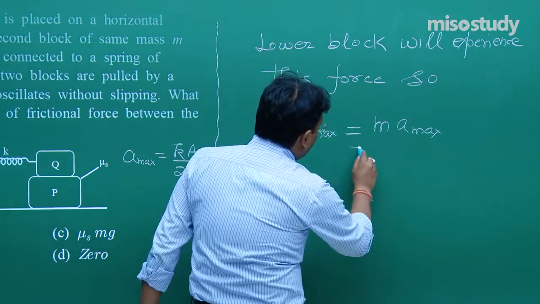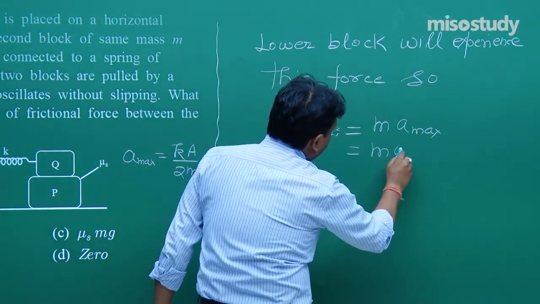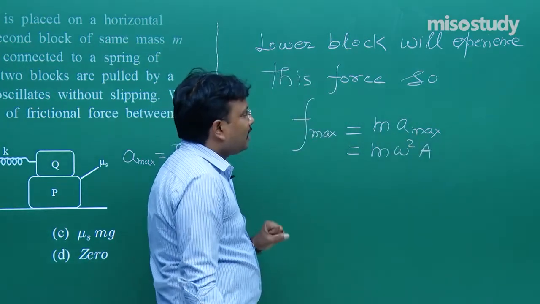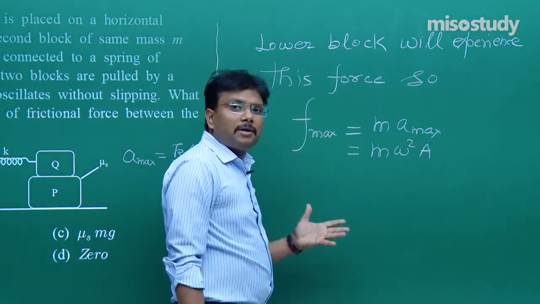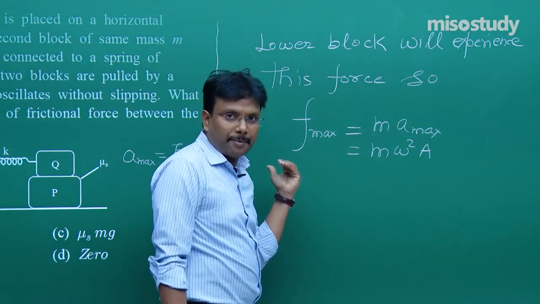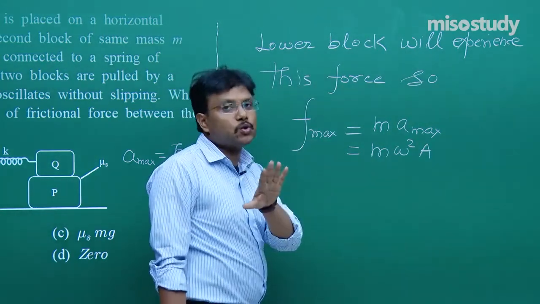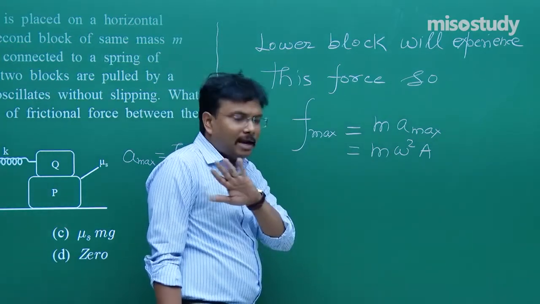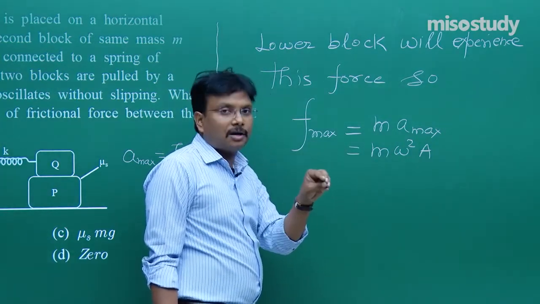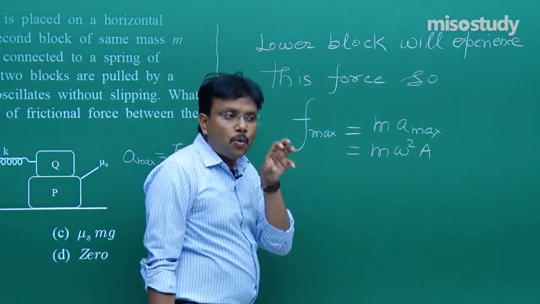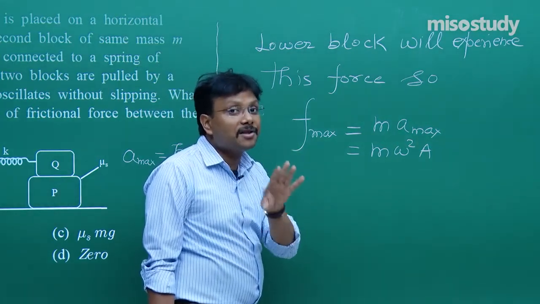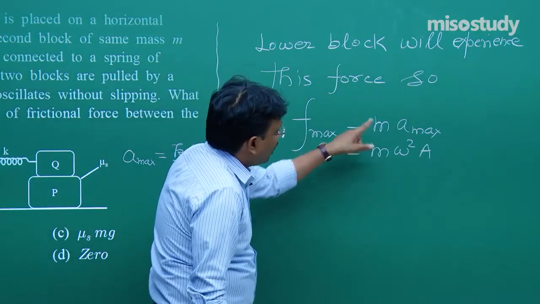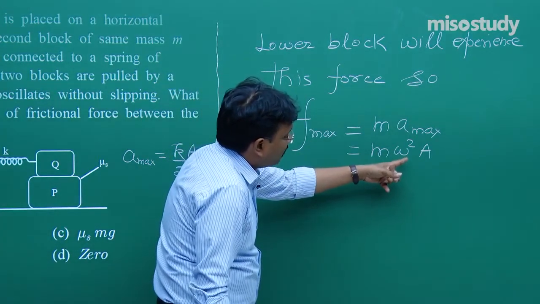Now it is something which I can write down M omega square A. So you can very easily say whatever we learned in the initial stages of this chapter, I am just utilizing those concepts. Fine. So this question, I mean JEE Advanced pattern question, they are not difficult. They just check how much you are comfortable in basic concepts. Fine. So F max is equal to M A max, and then replace the value of this A max.